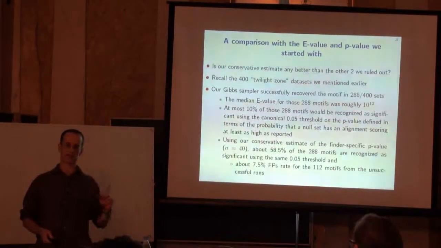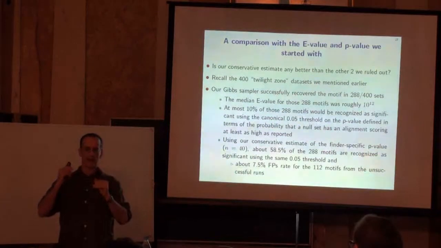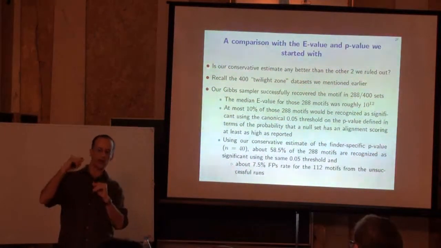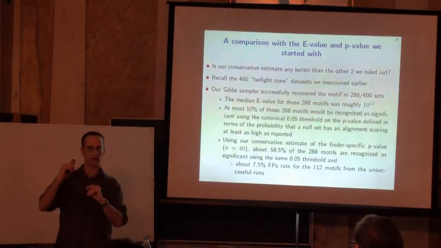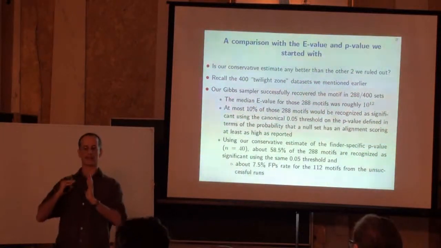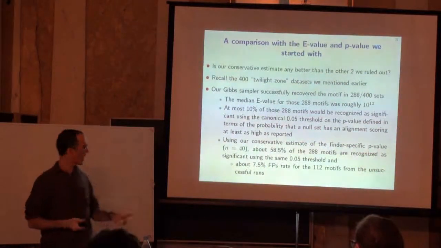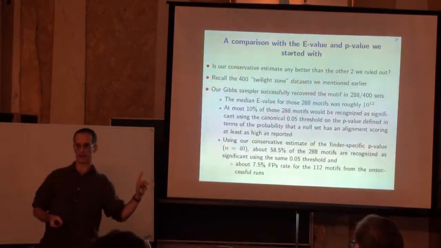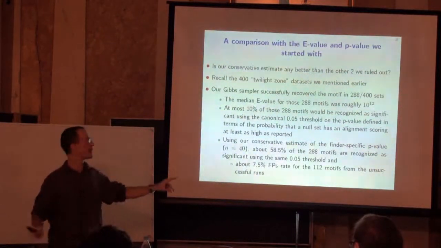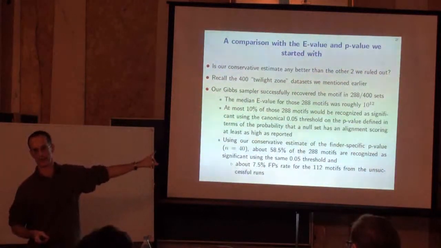The reason is that those are random motifs that were found by the motif finder even though there is a real implanted motif there. So once you condition on the fact that these are high-scoring random motifs found by the finder, bets are off. And that's why it's 7.5% rather than 5%. If this was really 400 null data sets, then it would have been 5% or less. In fact, it would have been less because I'm doing a conservative estimation.